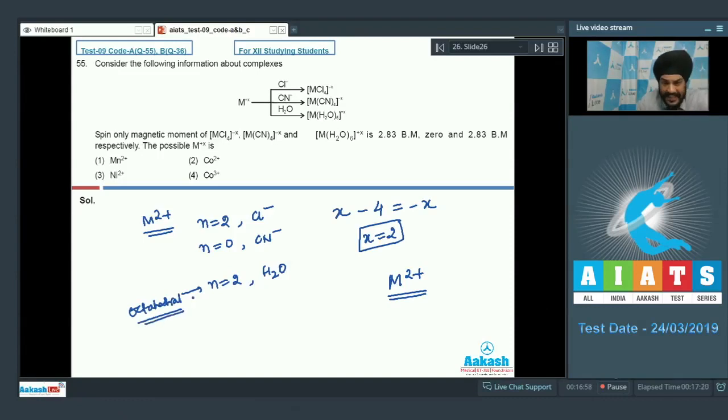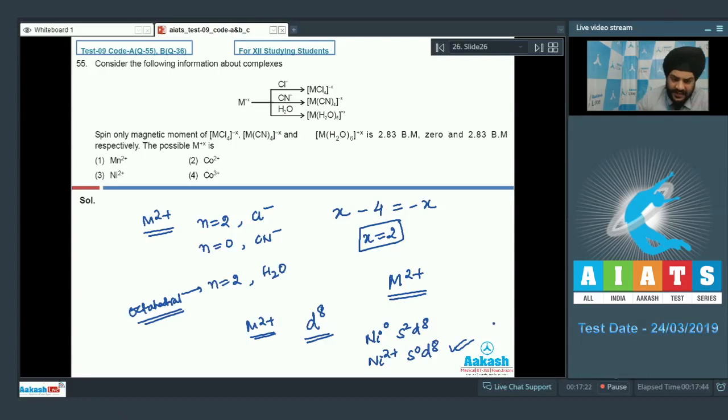So looking at this information, we can clearly see that M2+ has to have a d8 configuration. The d8 configuration is present in nickel. So nickel 0 is s2d8. So nickel 2 positive has to be s0d8. So students, for this question we have to select the correct option as option 3. Let us look at the next question.